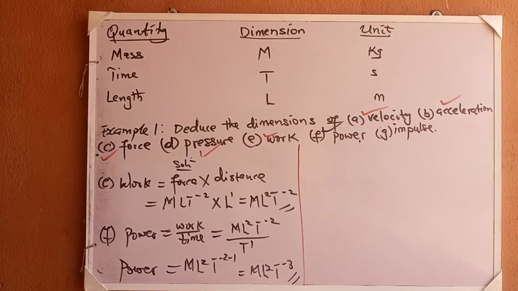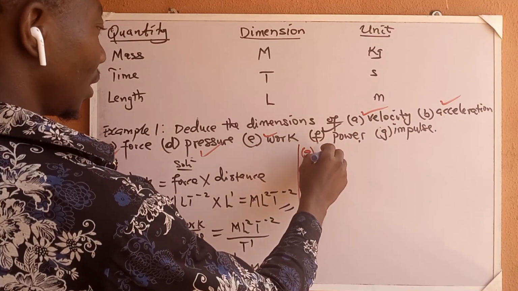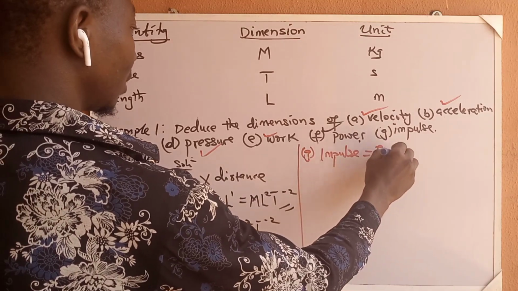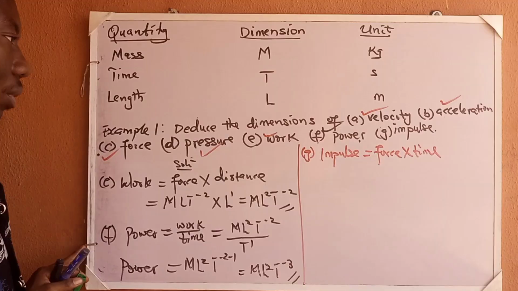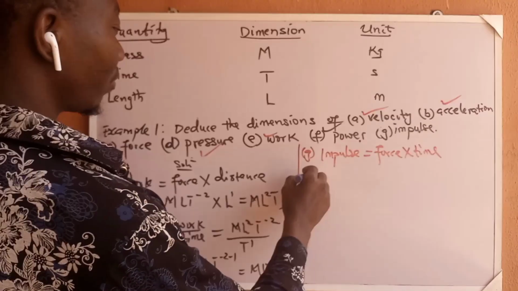Then lastly, impulse. That is the G part of it. Impulse is a product of force and time, all right? Or change in momentum. So let's go with force and time.